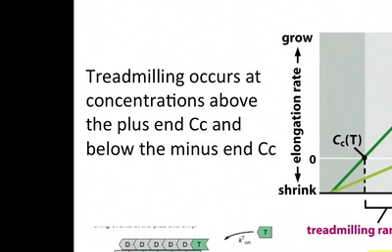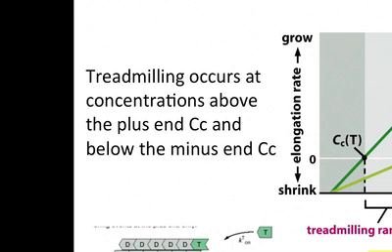At a given end, when you're at its critical concentration, you have no growth and no shrinkage. So there's no change. Your on and off rates are the same for that end. Same for plus end and minus end. But when you're between the critical concentrations for your plus and your minus end, that's when you'll get your treadmilling.